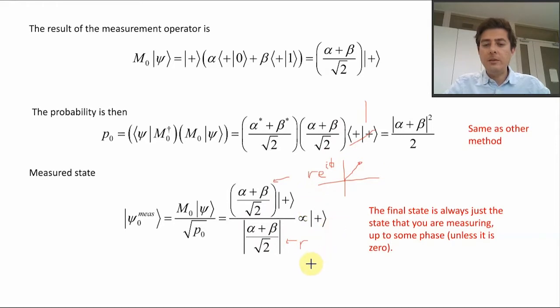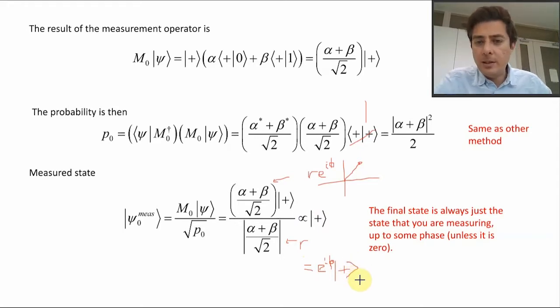I could have equally written this as e to the i phi of plus, and you get this sort of phase factor. But as I explained in one of the previous lectures, these global phase factors never really do anything in quantum mechanics, so that's why it's not very important. Often people just drop it.